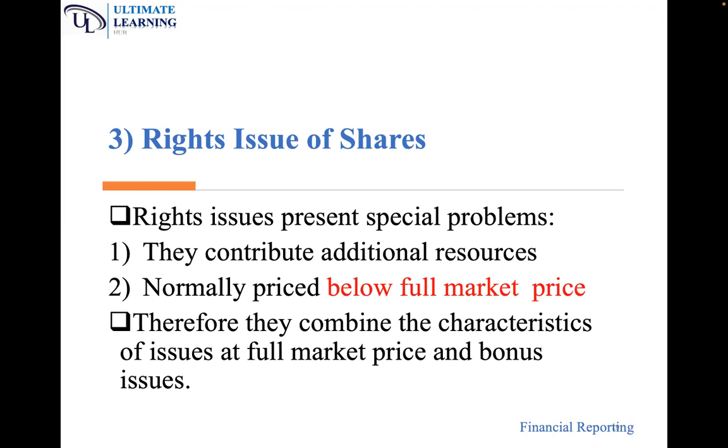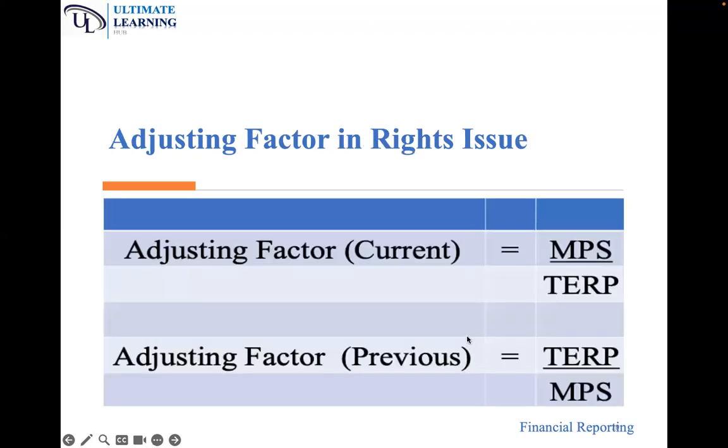They contribute additional resources, because we are issuing at a price below the market price, even though it is above the nominal price, but we are still receiving something. Therefore, they combine the characteristics of issue of shares at full market price and bonus issue of shares.